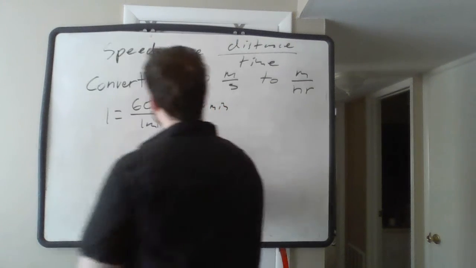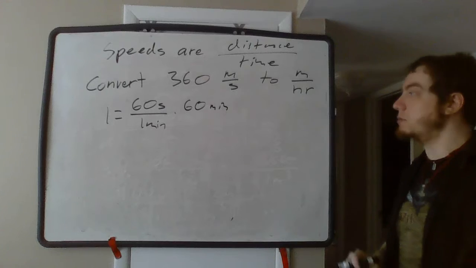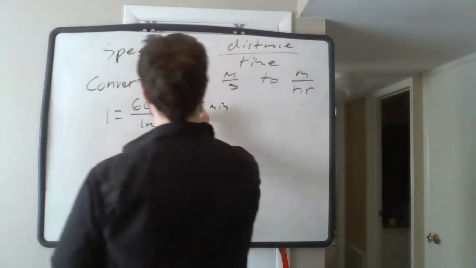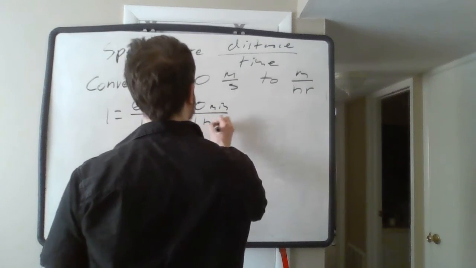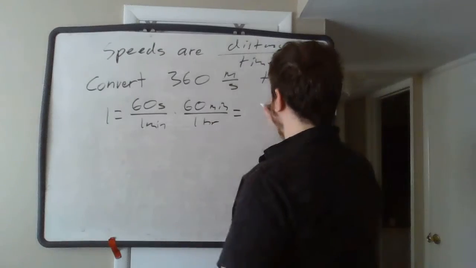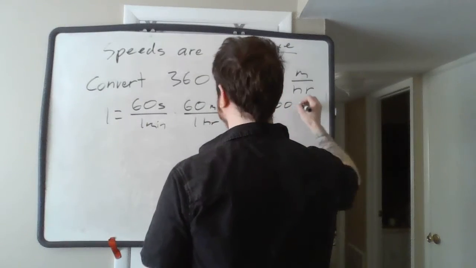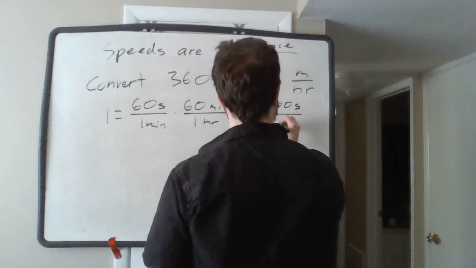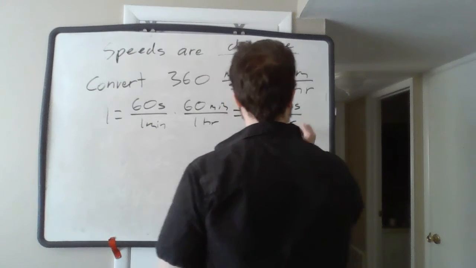Sorry, I should write this as M-I-N, not M, so that you don't confuse it with meters. There are 60 minutes per 1 hour. And so this gives me 3,600 seconds per 1 hour.